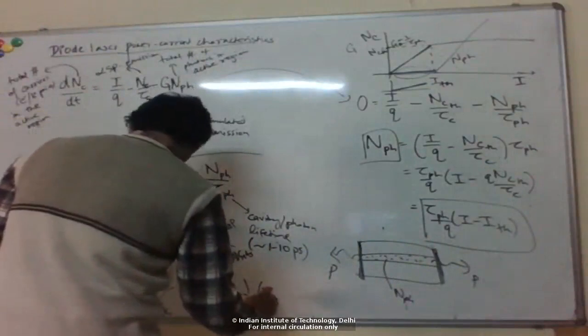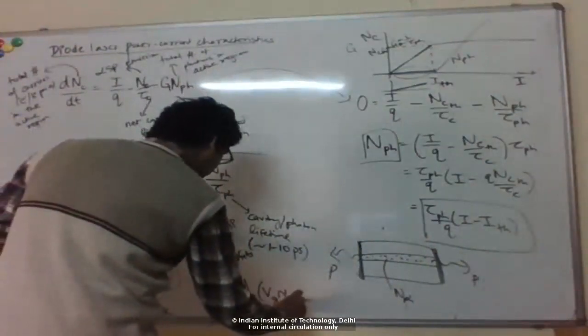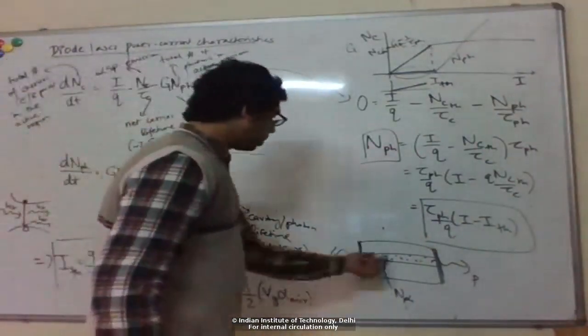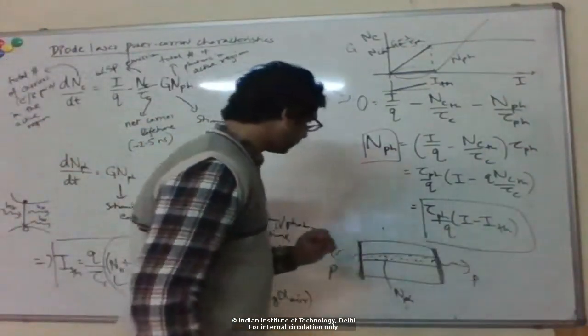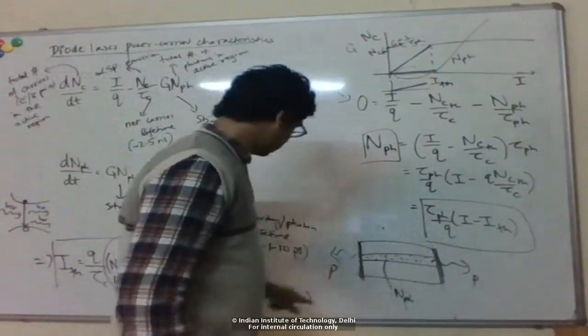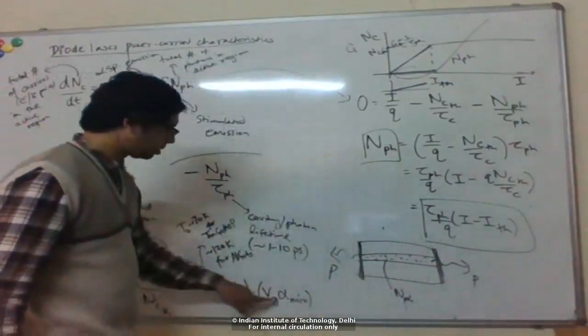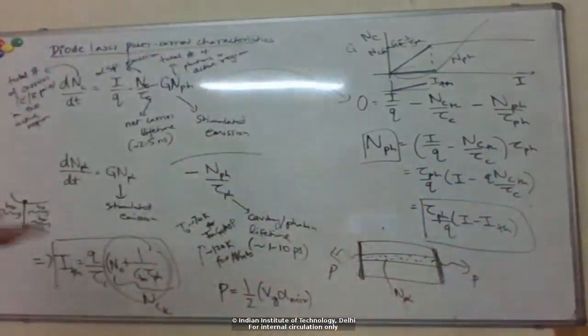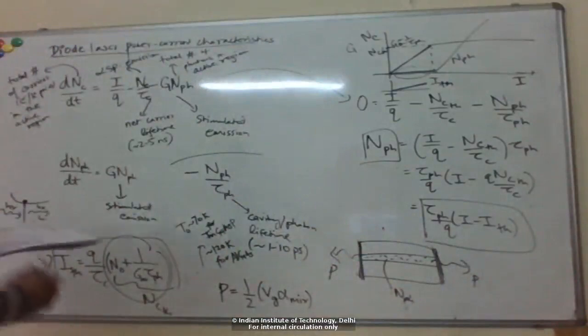And then the rate of photons leaking out from the device is basically the mirror loss multiplied by the group velocity to make it per second.